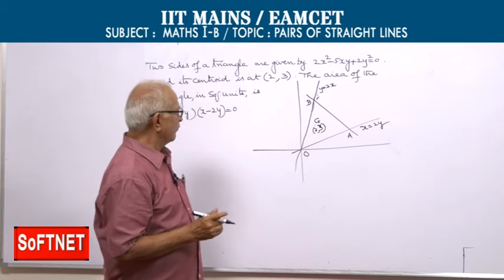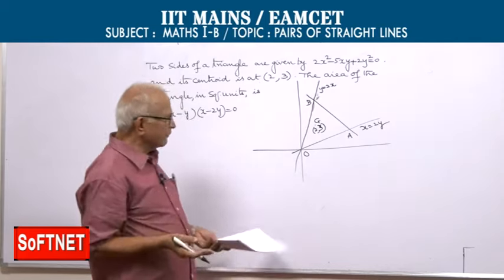This is x equal to 2y, the one with the lesser slope, and this is y equal to 2x, that is the one with the greater slope. And the centroid is at the point 2, 3. What is the area of the triangle?